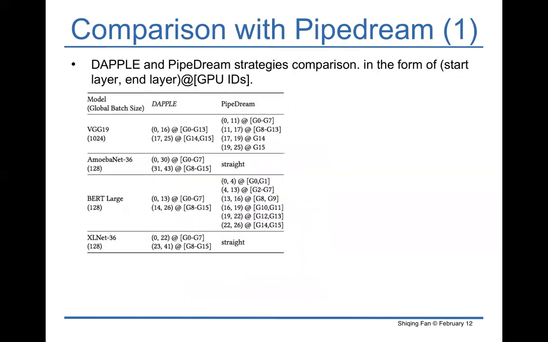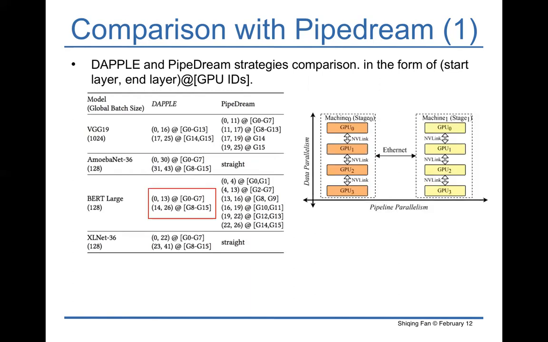We also compare the results of our DAPPLE planner with those of PipeDream under the synchronized training scenarios. We use the same configurations for both planners, for example, same device topology C, same interconnect, and same profiling data, and evaluate both planners with the DAPPLE runtime.